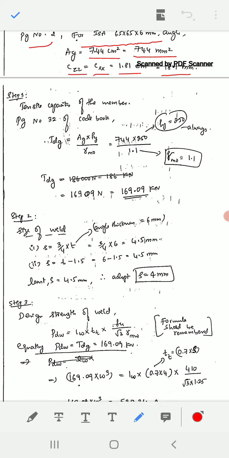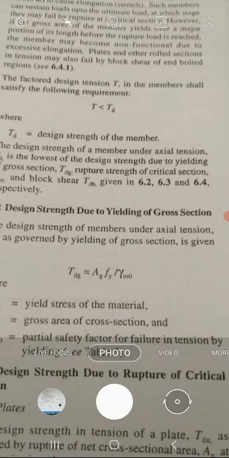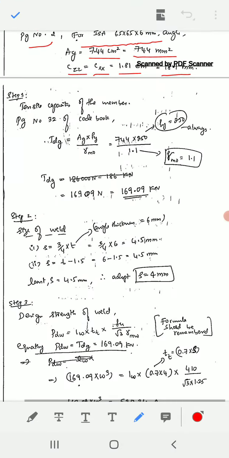Now the first step, that is tensile capacity of the member. We have to go to page number 32 of the code book. You can see here, page number 32. The formula is Tdg is equal to Ag Fy by gamma m0.